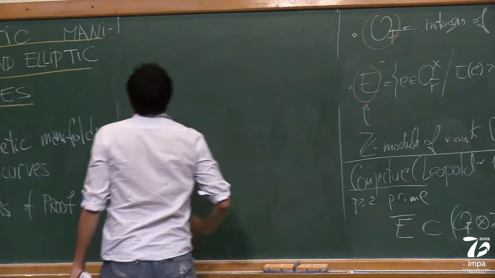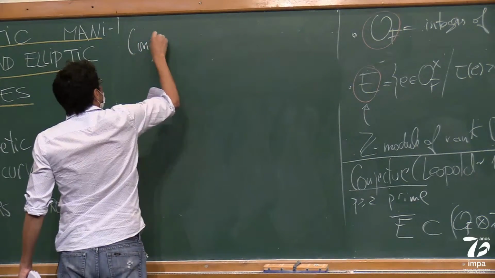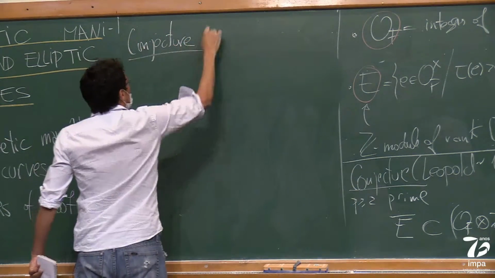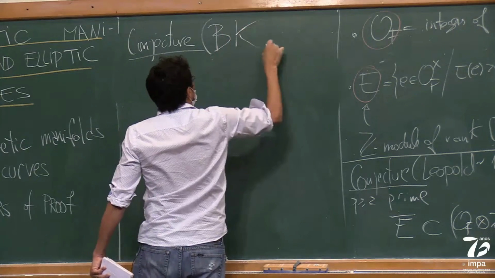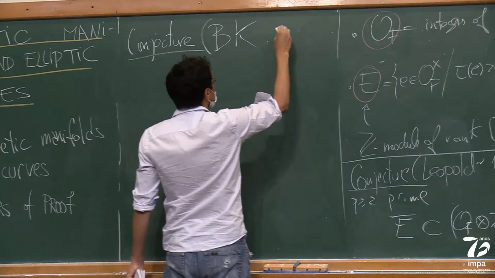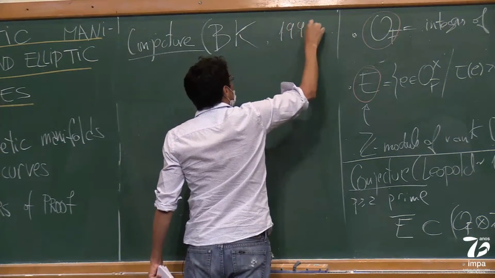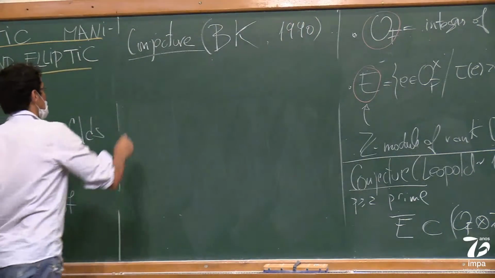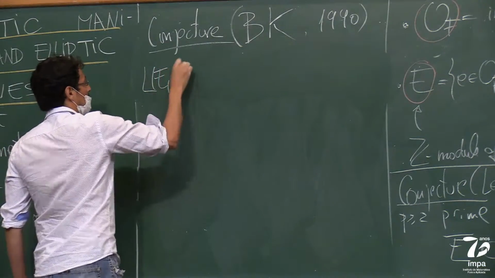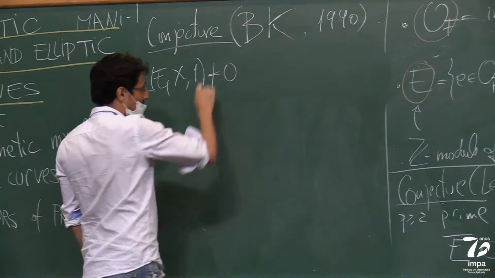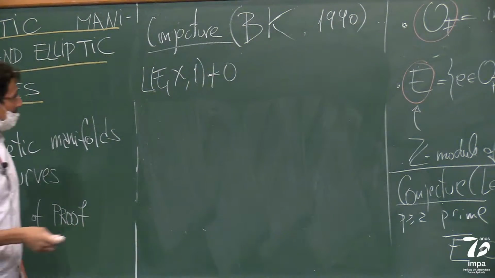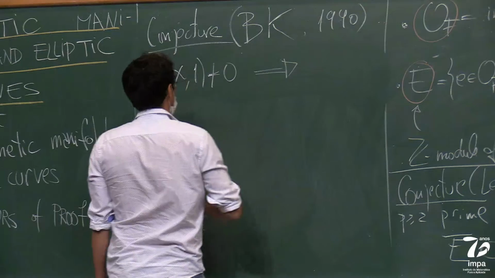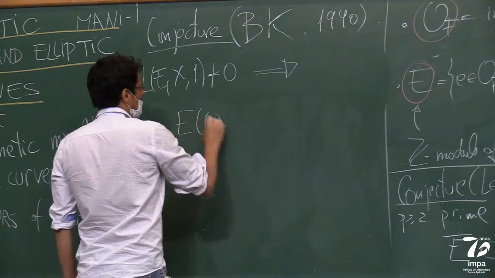That is the Bloch-Kato conjecture that I mentioned before, from the 90s. It relates the non-vanishing of this L value to some arithmetic information of your elliptic curve.